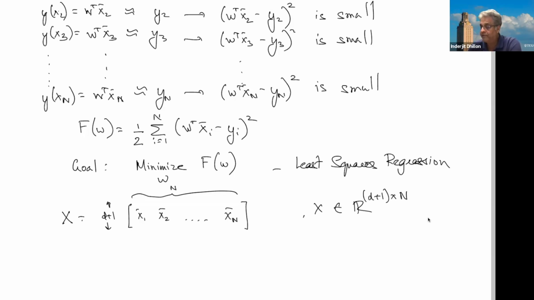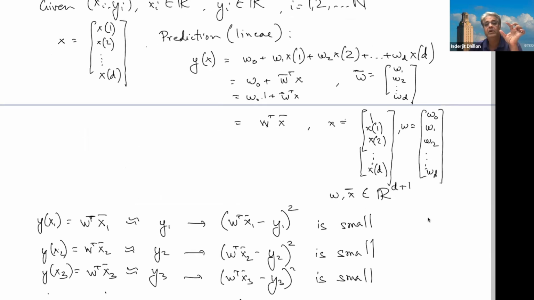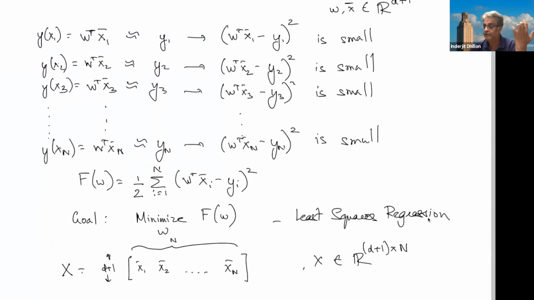So there are n columns. The ith column is x_i bar, and x_i bar is d+1 dimensional. Its first element is 1, and the rest of them are the d features.